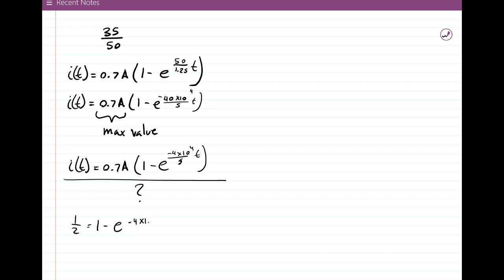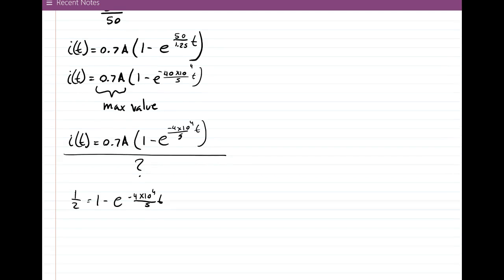So e raised to the positive 4 times 10 to the 4th t per second is equal to 2. Now convert to exponent form, and we just did: 4 times 10 to the 4th t per second is equal to the natural log of 2.